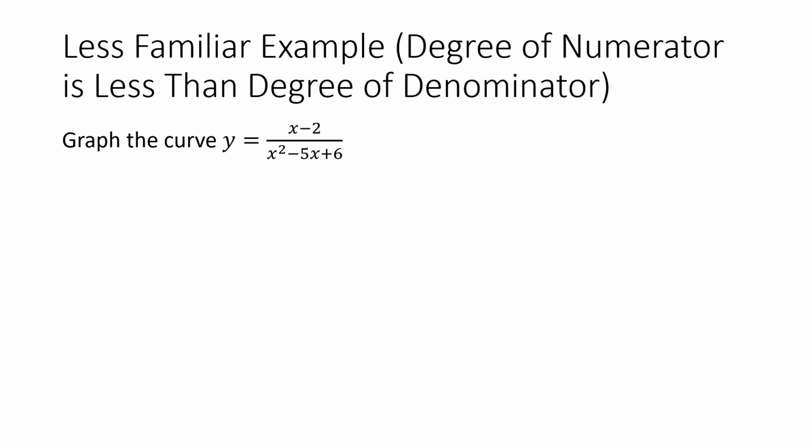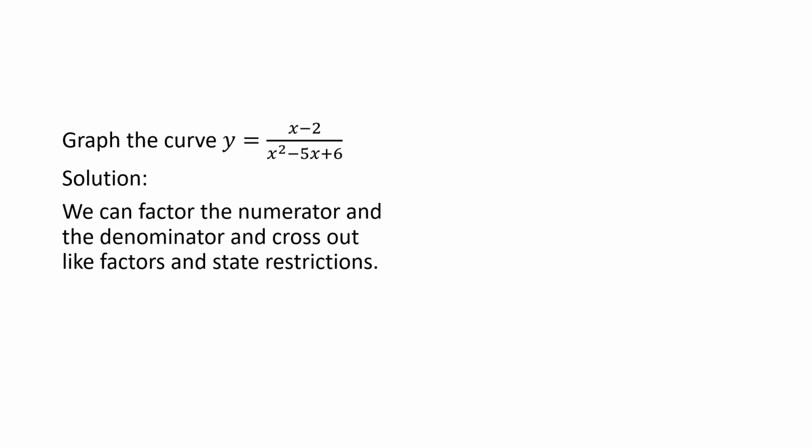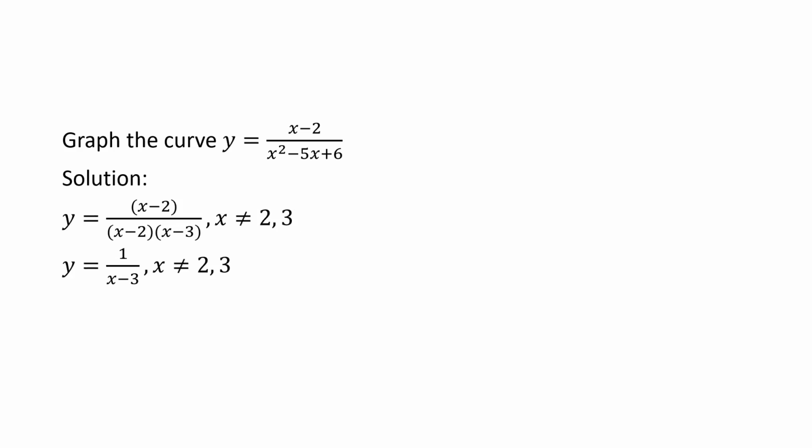Okay, so that's an example we already knew, where the degree of the numerator was less than the degree of the denominator. It was degree 0 over degree 1. But now let's talk about one where the degree of the numerator is less than the degree of the denominator, but it's actually degree 1 over degree 2 this time. Well, we can factor out the numerator and denominator and cross out the like factors and state the restrictions.